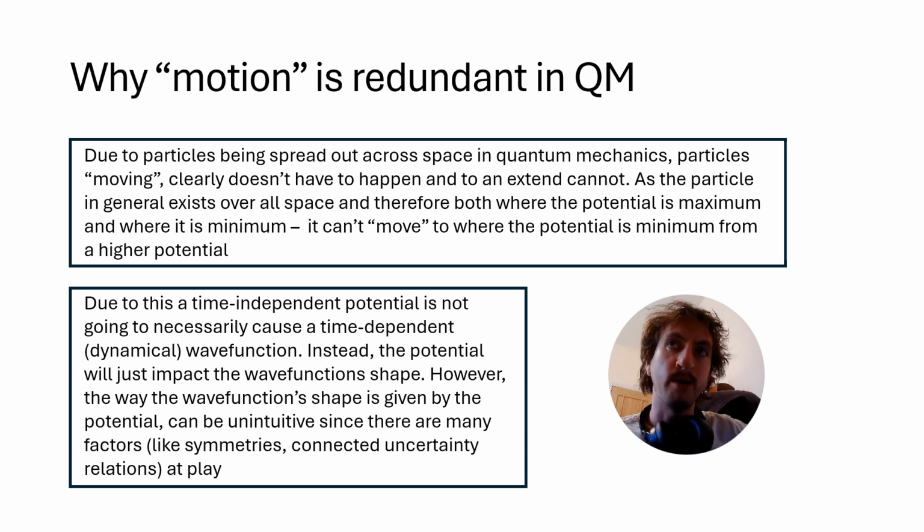So it will tell you about the form of this wave function. You can get that from using Schrödinger's time-independent equation, which is an equation you can get from the time-dependent one, which we're kind of deriving in this video.